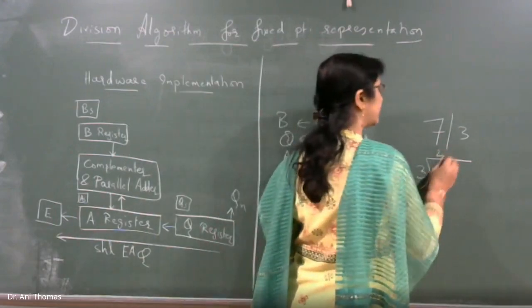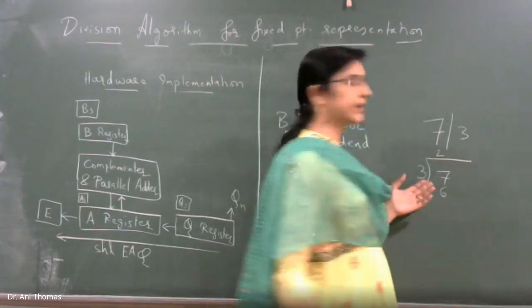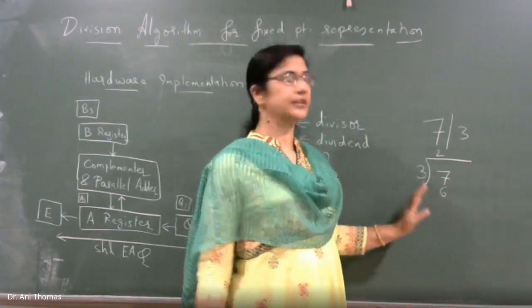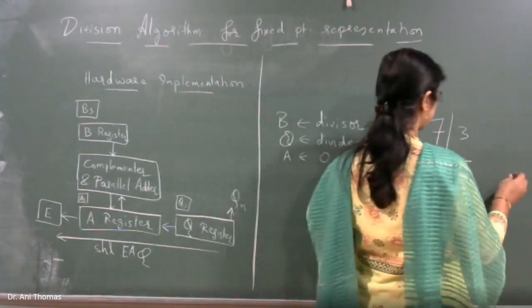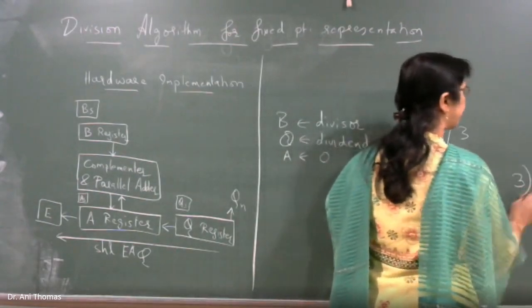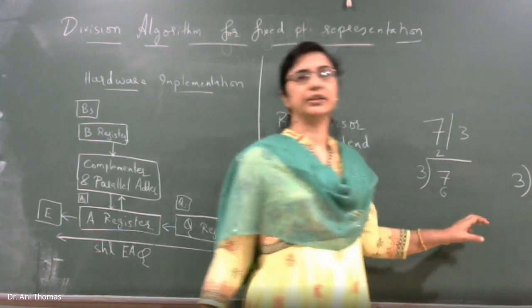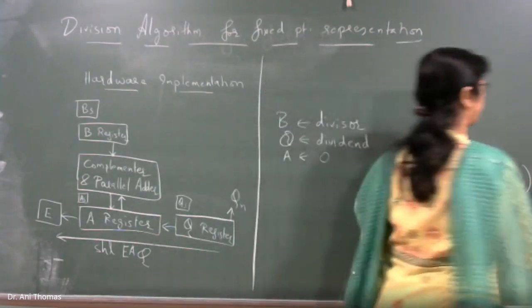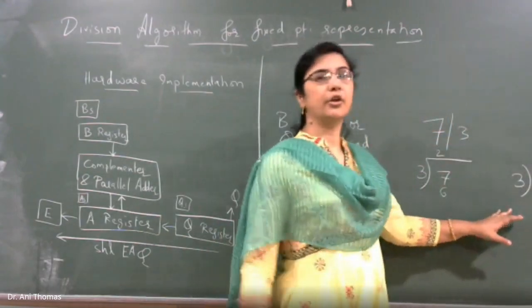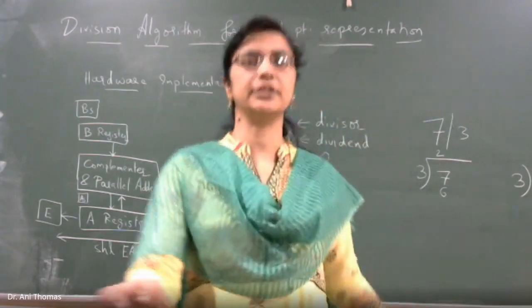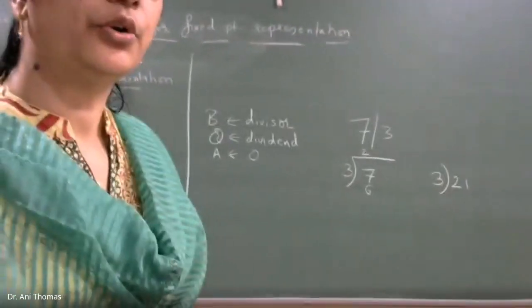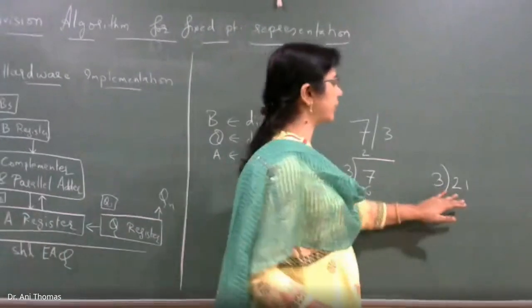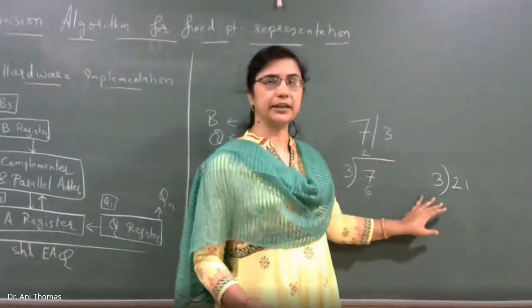We say 3 twos are 6, and like that we divide. Suppose the number is 21, that is, 21 divided by 3.